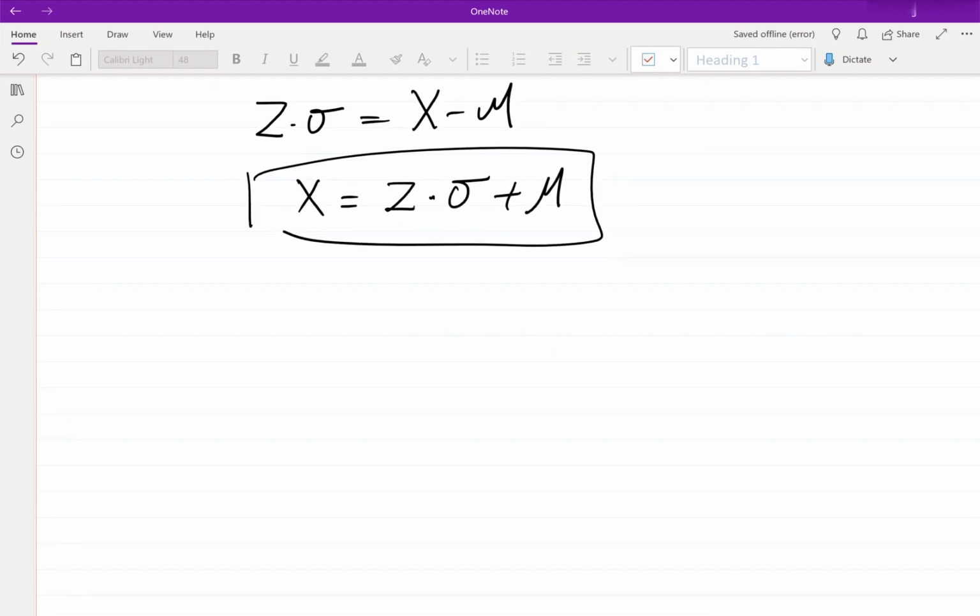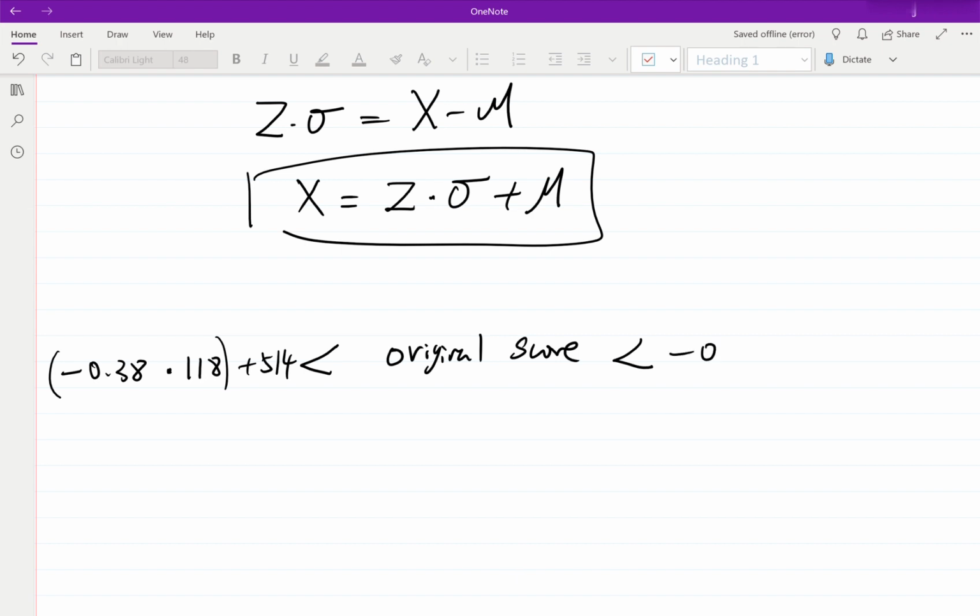So we know Michael's original score should be greater than negative 0.38 times 118 plus 514, and should be less than negative 0.36 times 118 plus 514.